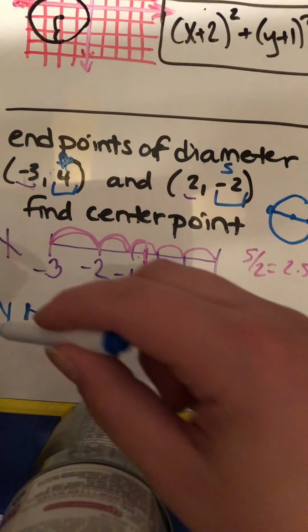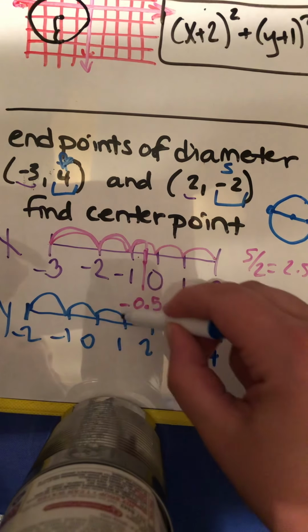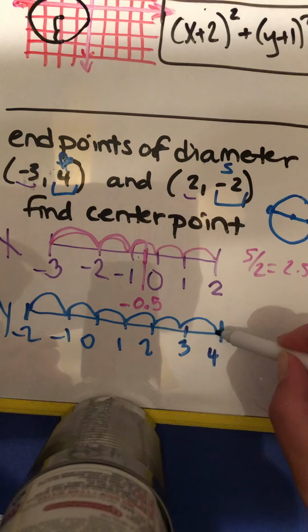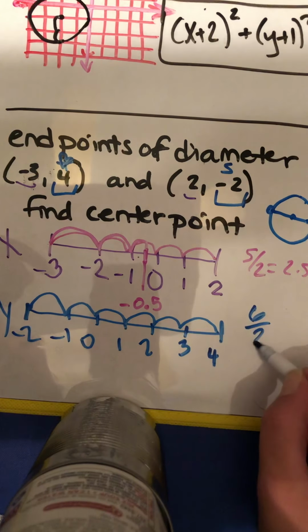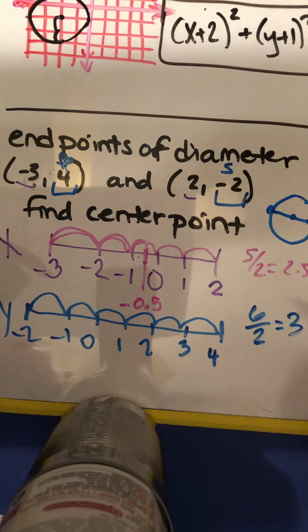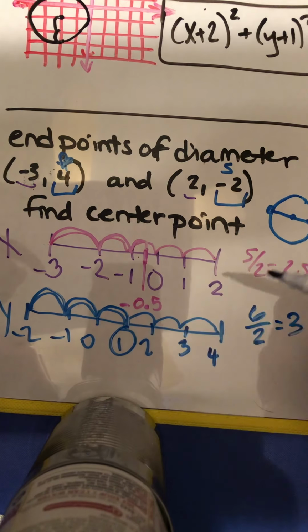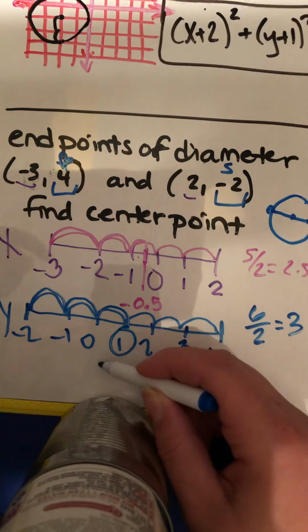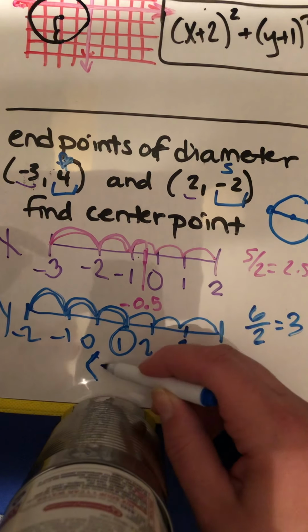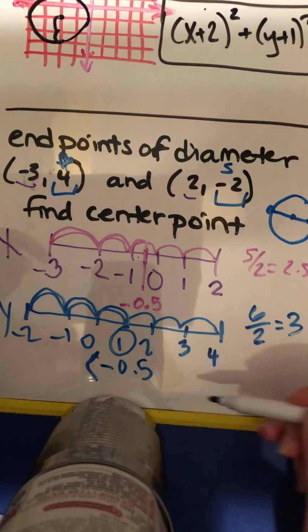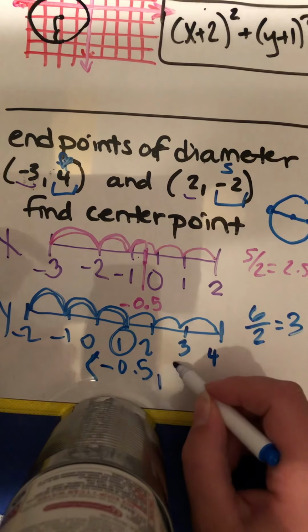If I count in between 1, 2, 3, 4, 5, 6, I want halfway in between, so I'm going to make 3 jumps. 1, 2, 3 puts me at 1. So I know my center point is negative 1/2 and 1.